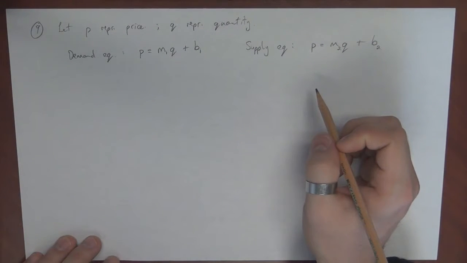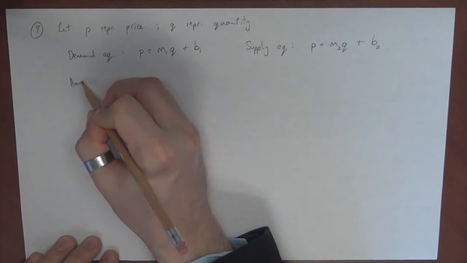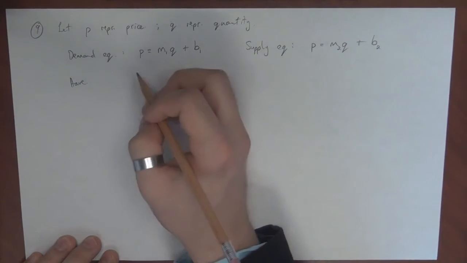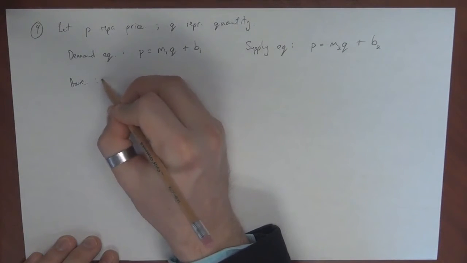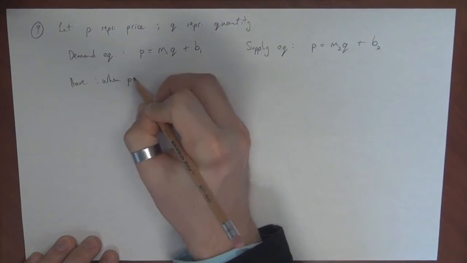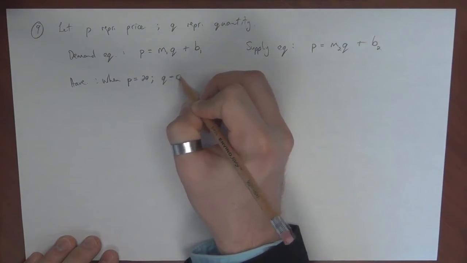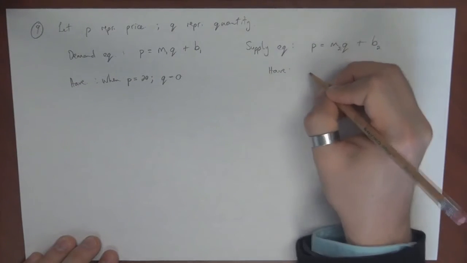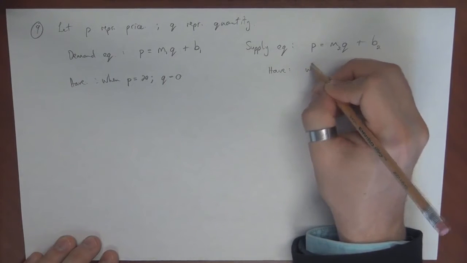Now let's see the information that is given. For this one, we have that they demand no units at $20. So when P is 20, Q is 0. For this one, we have that they supply no units at $1.